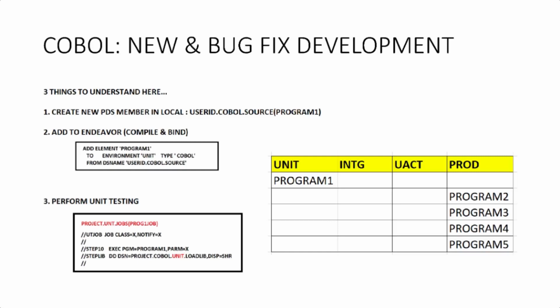Then performing unit testing, we have already explained the testing scenarios. Then we will provide a step library unit. So the structure will be like this: Endeavor, unit, integration, user acceptance, production. We don't have program one in production; we started scratch development. So 2, 3, 4, 5 are already in production.